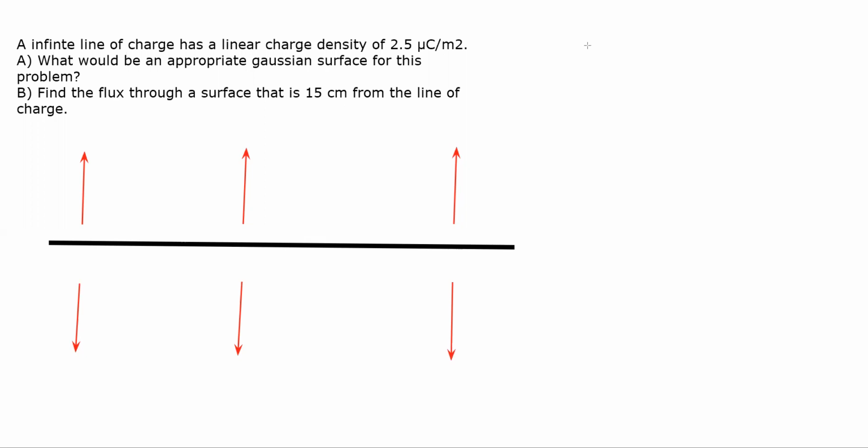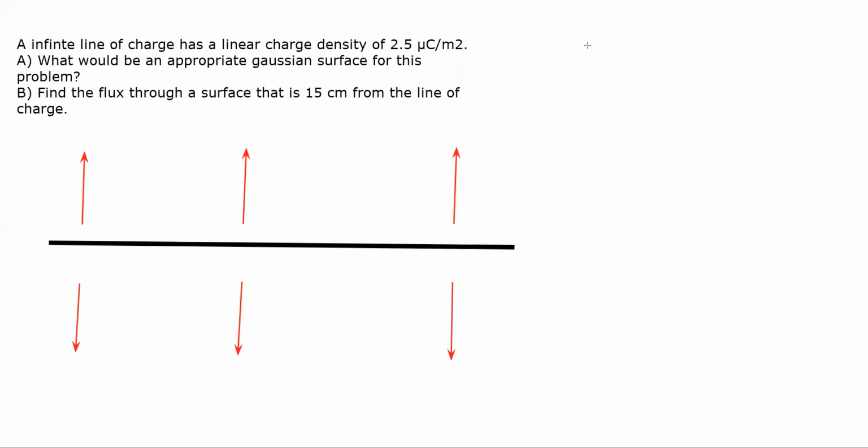So the first question: what would be an appropriate Gaussian surface for this problem? What kind of symmetry do we have here? Well, we have cylindrical symmetry. Remember, I had this at the end of the last video: instead of looking at this infinite line of charge from the side, let's say you looked at it head on.